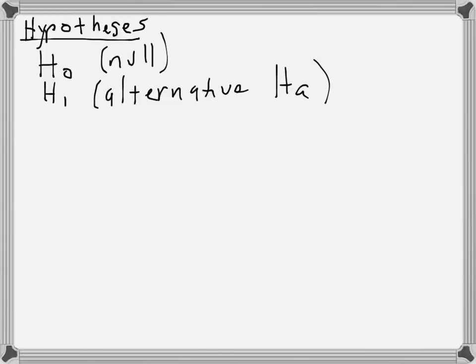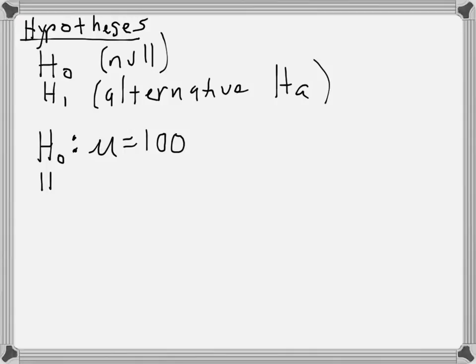For this problem, this is going to be my null hypothesis. And this is always the nature of a hypothesis test. I'm going to assume the null hypothesis that our school has a mean of 100. And I'm actually not trying to show that the null hypothesis is true.